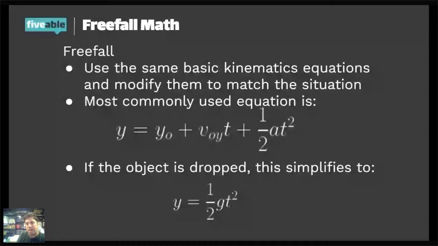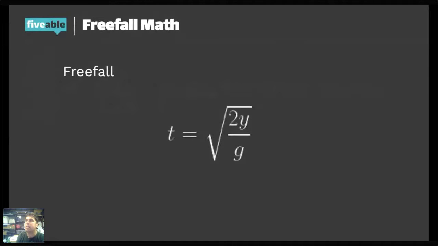For my purposes, I'm not going to put 10 in for g. I'm just going to leave it as 1/2 gt squared, simply because a lot of the questions we're going to see are going to be derive an expression for, not so much come up with a value. Then we can take this equation, 1/2 gt squared, and solve it for t.